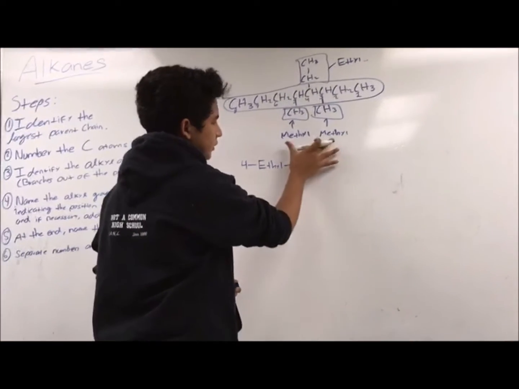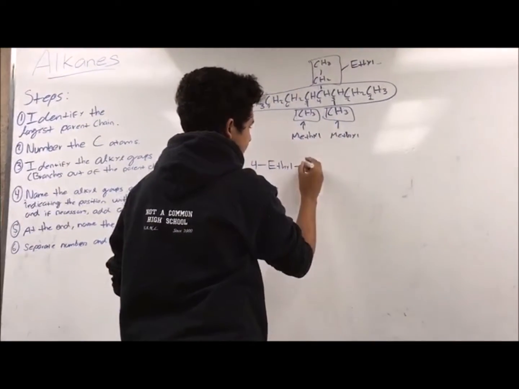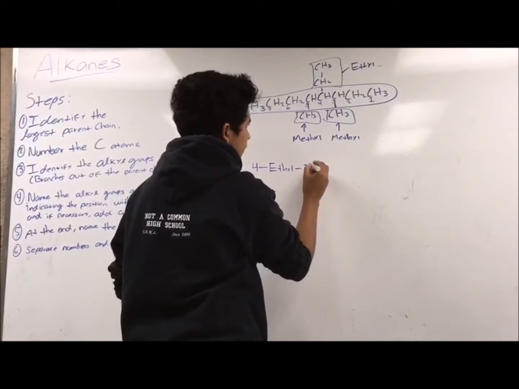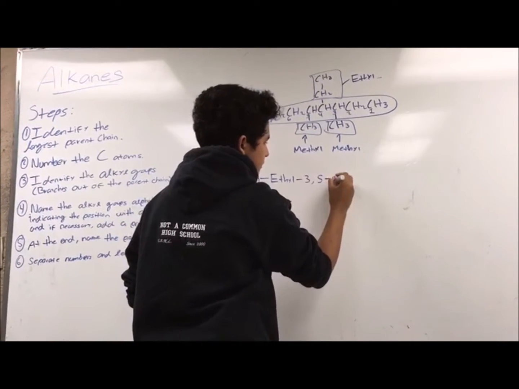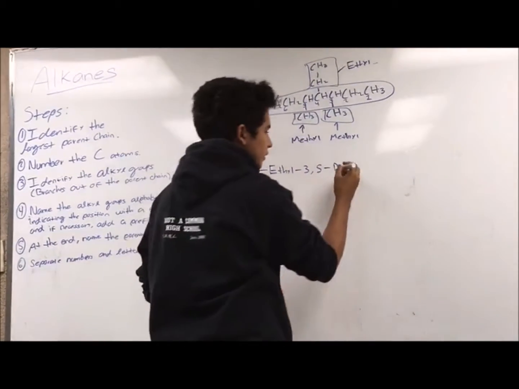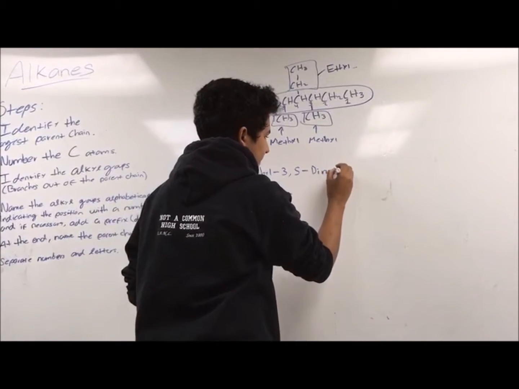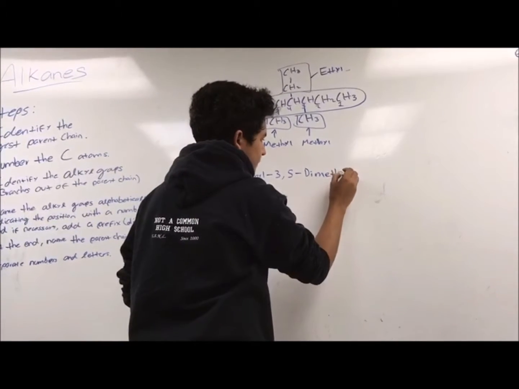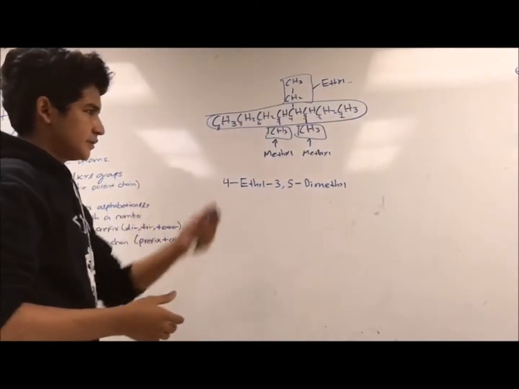Then I'm going to the next branch or the next alkyl group, which is 3, 5 position, di, because we have two methyl. It's going to be dimethyl. And finally, we have to name the parent chain.